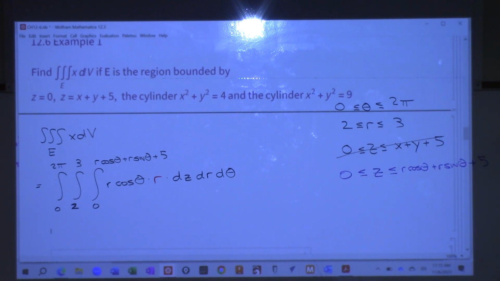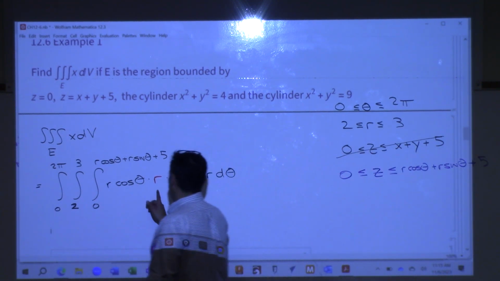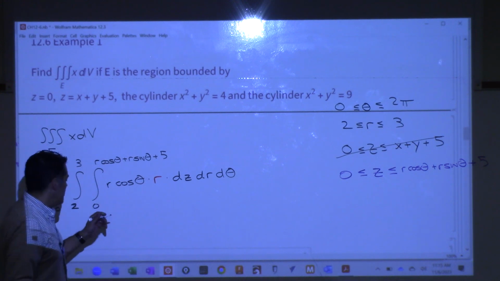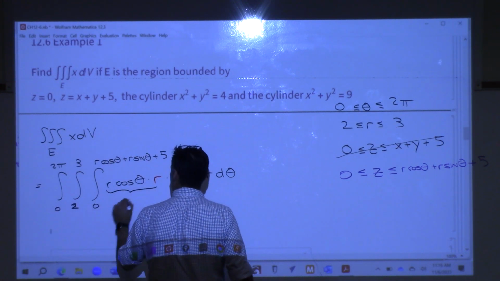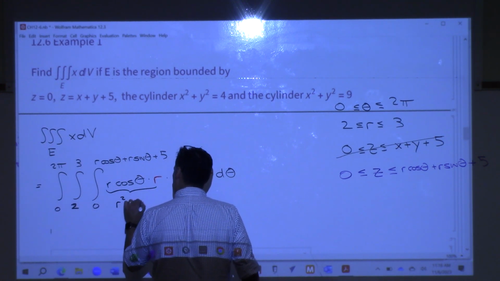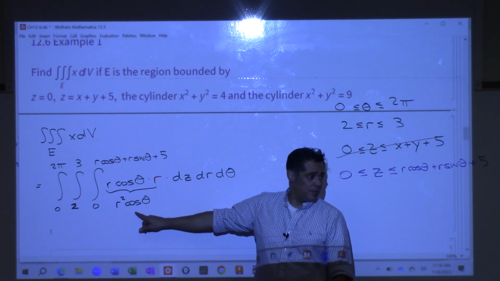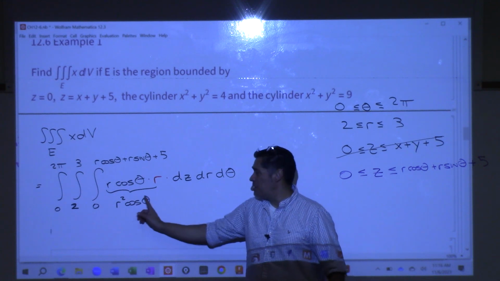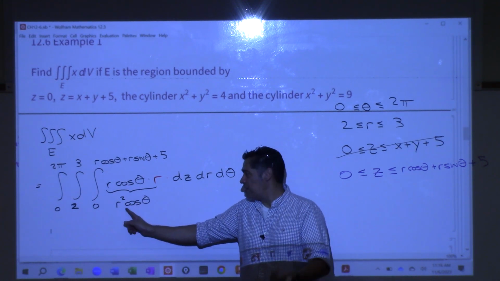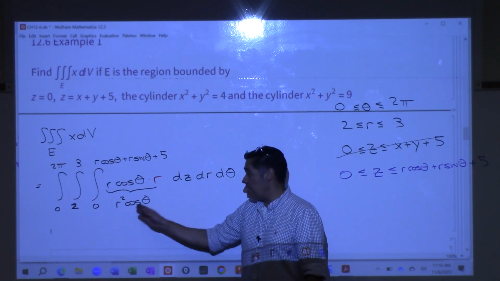And then we just have to evaluate that. You have to do this first, right? I'm not going to do the work; I'll have the computer do it for us. But just to remind you, you integrate with respect to z first, so this is all just a constant. The antiderivative with respect to z is just this times z.